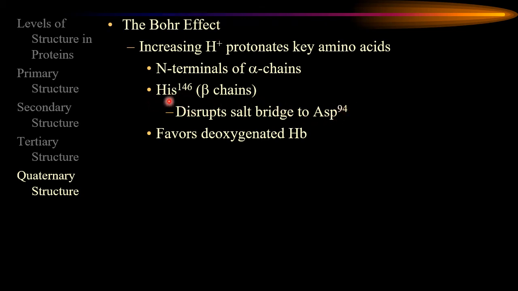So histidine 146 means the 146th amino acid residue in the beta chain is histidine. Protonation disrupts a salt bridge to aspartate, which is the 94th residue in that chain. And once this gets protonated, it now favors the deoxygenated form of hemoglobin.